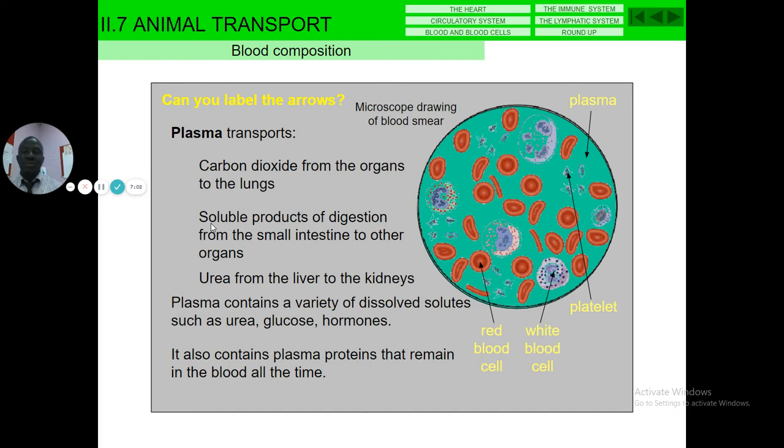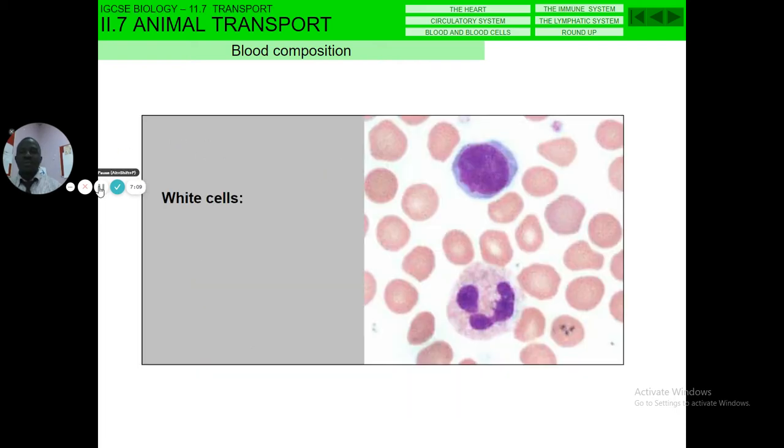So if we continue with white blood cells, we shall realize that white blood cells are made up of different components, which involve the bigger ones whose nuclei are divided into lobes, which we call the lobular nucleus, and the entire nucleus.